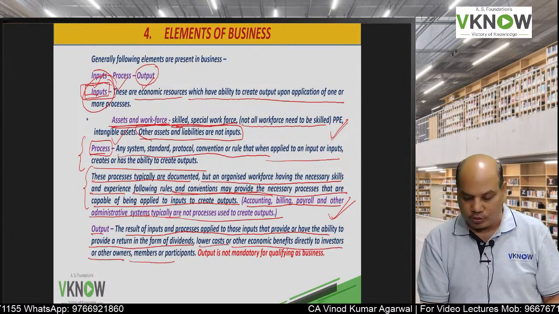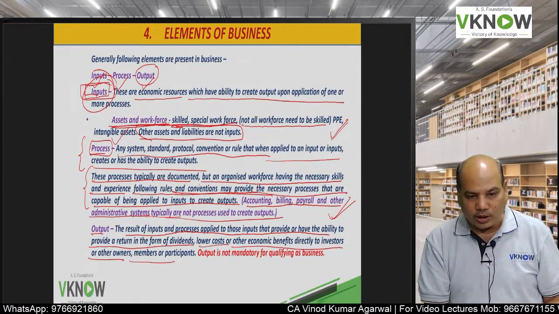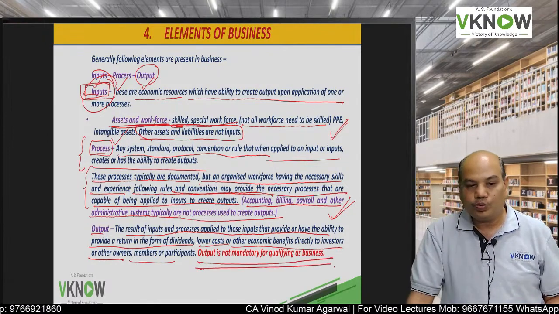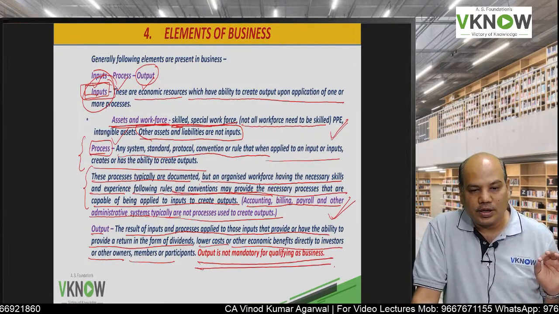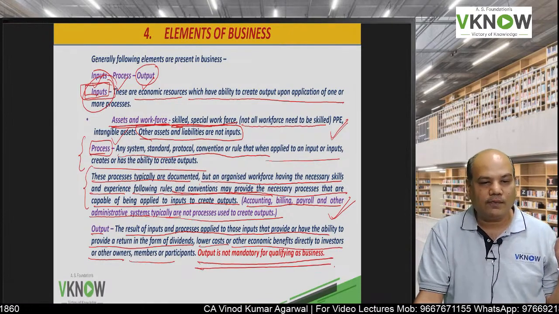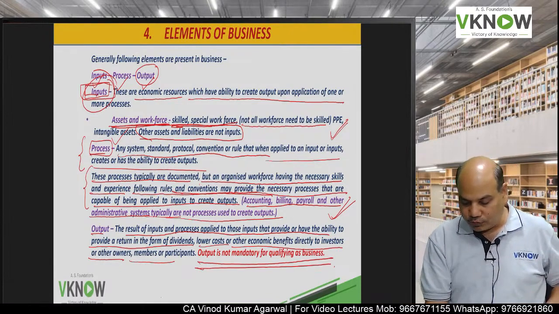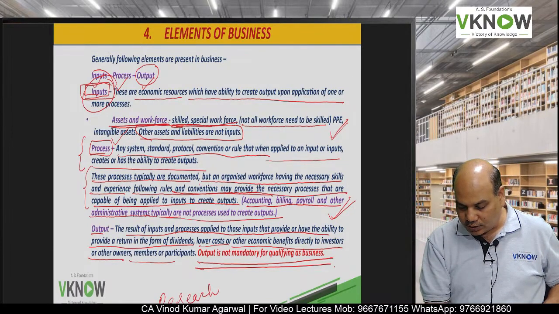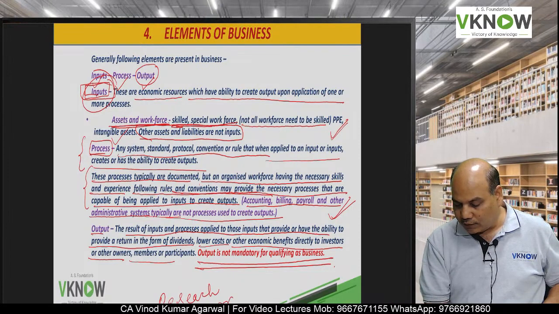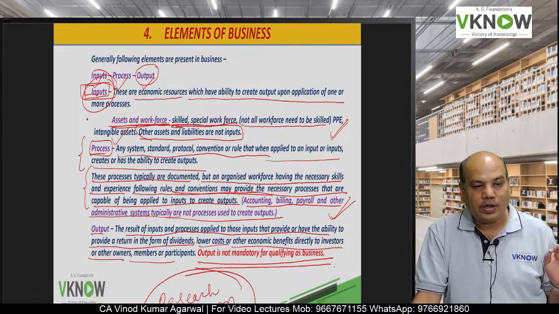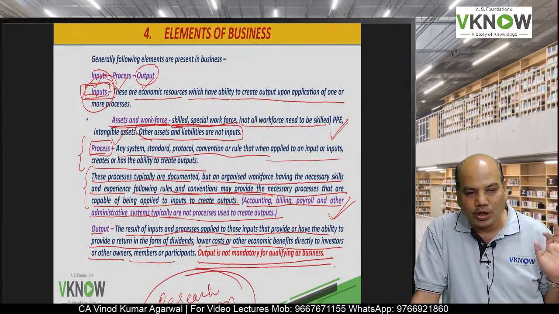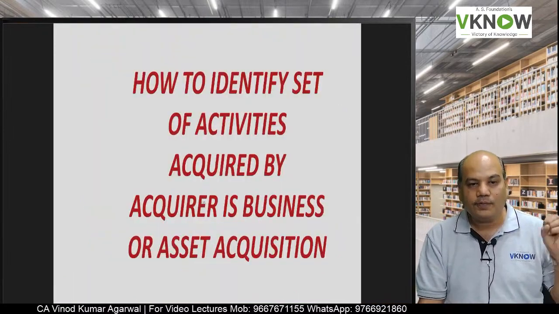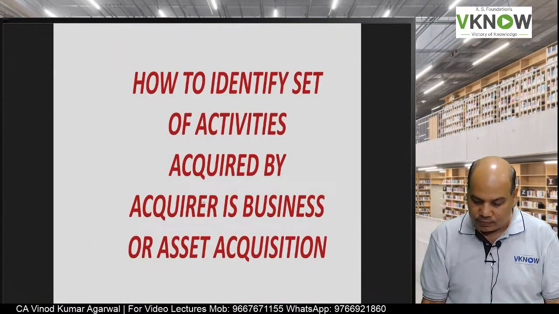That is called output. Now please double underline or note down, remember, output is not a necessary condition for qualifying as a business. For example, a research division can qualify as a business even though it may not be producing output right now, but it has the capability of producing output in future.